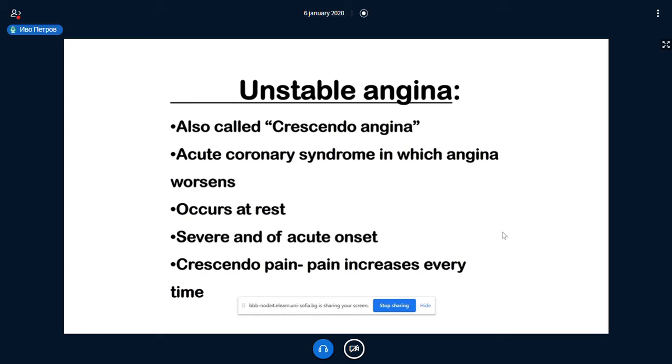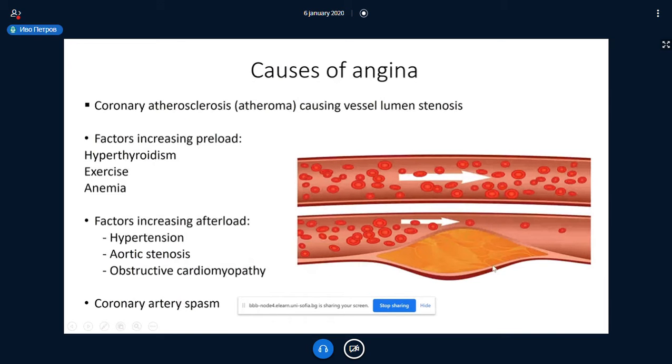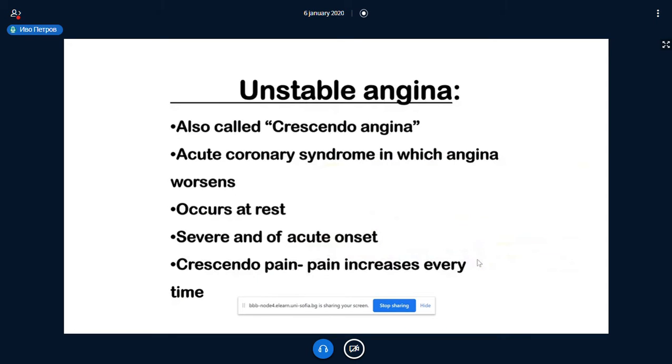So in difference of the stable coronary syndrome, the unstable angina is a different animal. The unstable angina, in fact, is a situation in which this fixed stenosis is increasing. So it's not already fixed, but there can be acute aggregation of thrombus or spasm and other situations in which the clinical situation can be unstable.